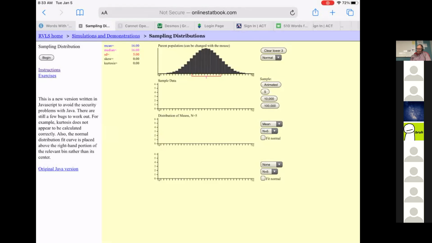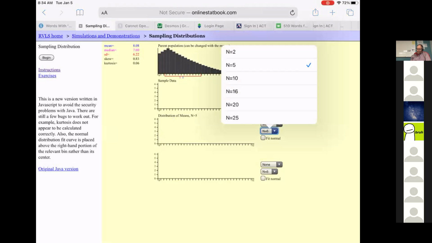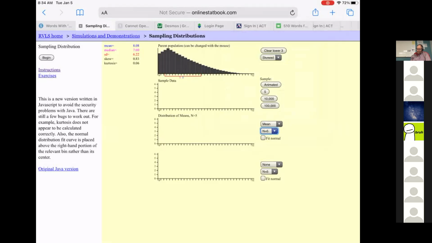Okay, even though I have a skewed population, since my population is skewed, I cannot do normal calculations with it, but if my sample size is large enough. Here we'll do 5. We'll go back to that sample 5. I do 10,000. My sampling distribution appears to be fairly normal.